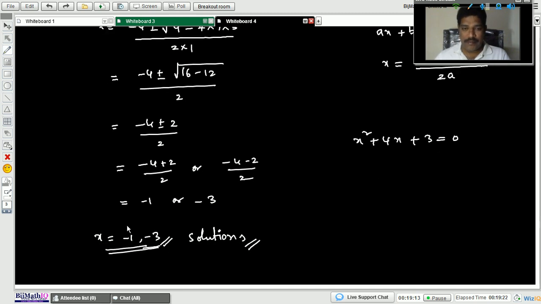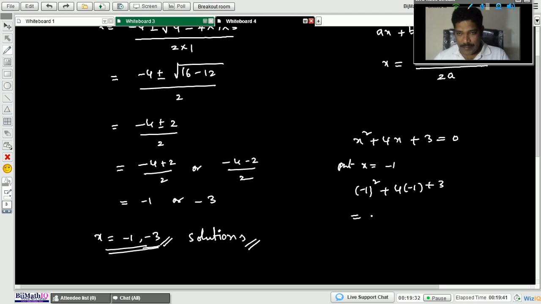For example, x is equal to minus 1 here, right? Substitute x is equal to minus 1. Then minus 1 whole square plus 4 into minus 1 plus 3. This equals minus 1 whole square means 1, then 1 into minus 4 is minus 4, so minus 4 plus 3.